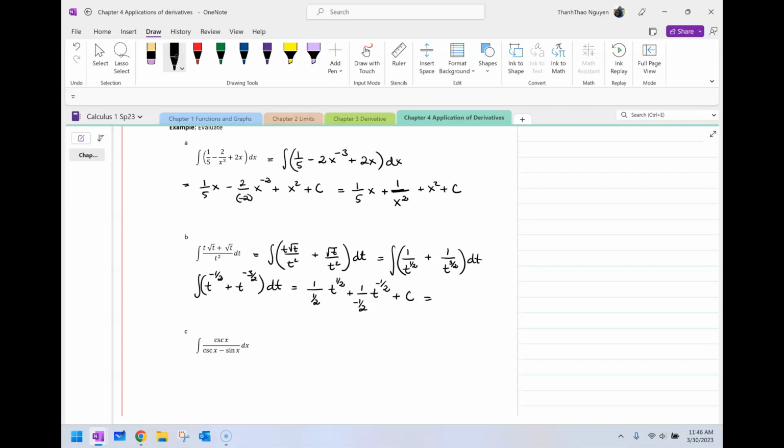Clean this up: this is 2 square root of t minus 2 divided by root of t plus c, for c a constant.